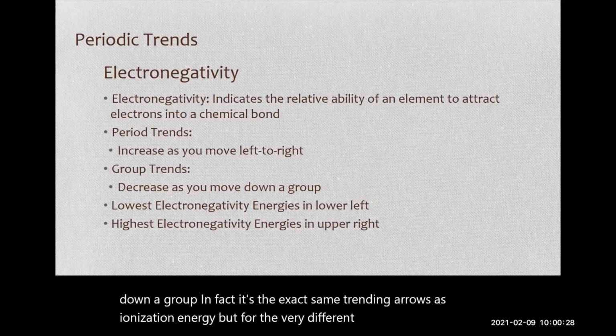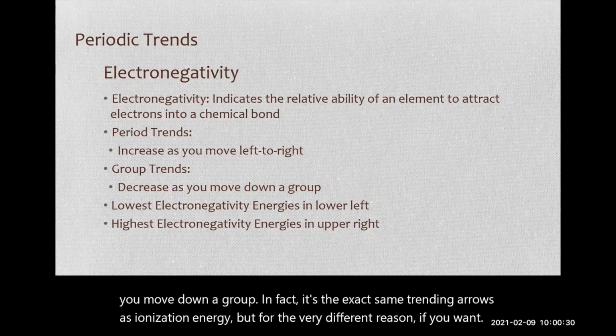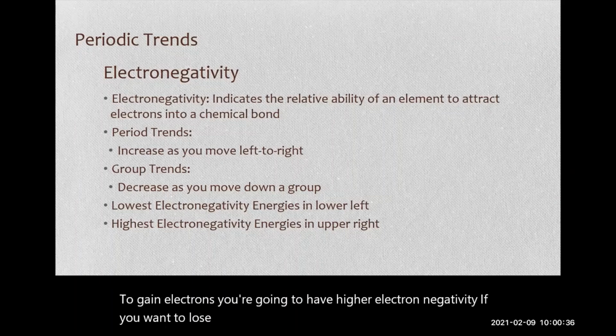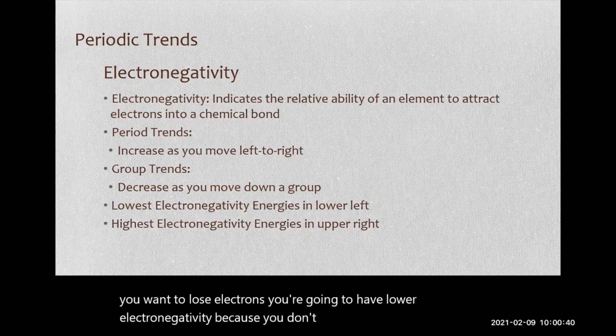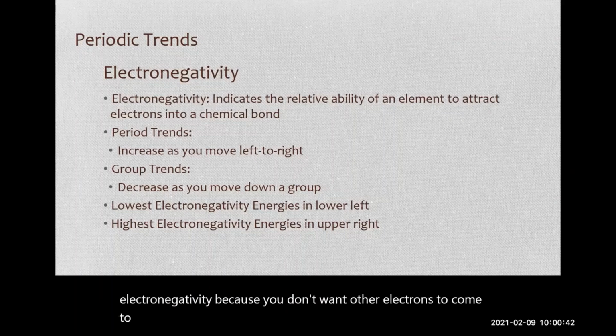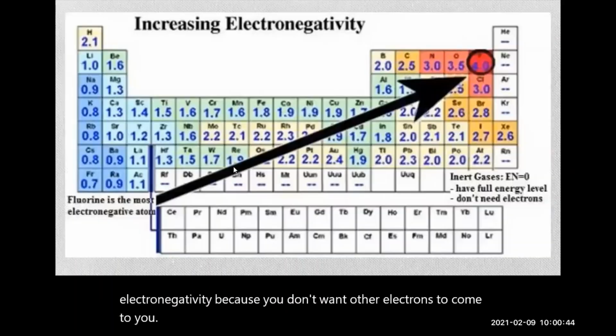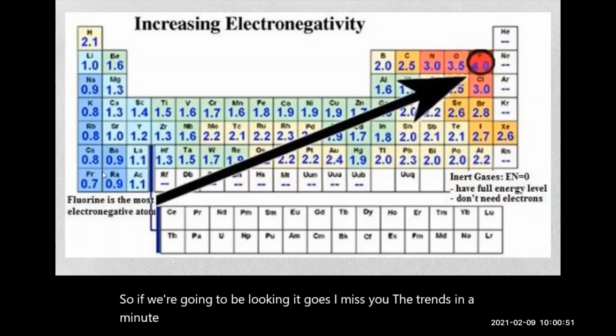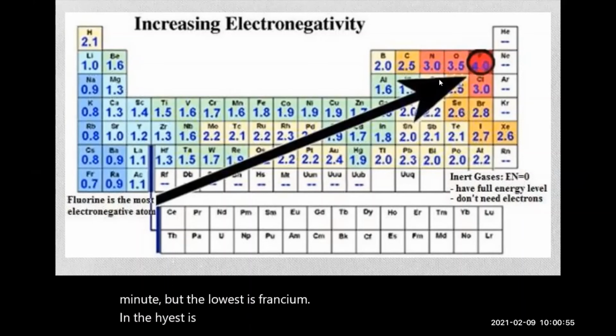If you want to gain electrons, you're going to have higher electronegativity. If you want to lose electrons, you're going to have lower electronegativity because you don't want other electrons to come to you. I'm going to show you the trends in a minute, but the lowest is francium and the highest is fluorine. That's just the way it works.